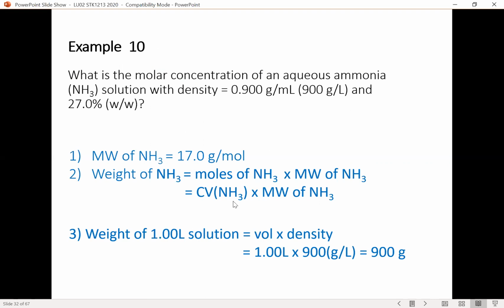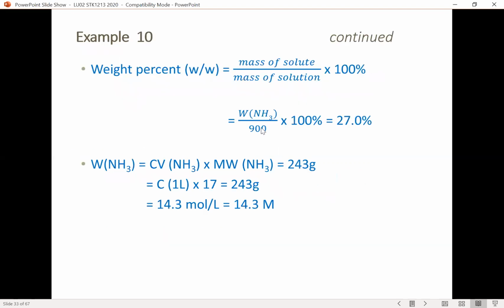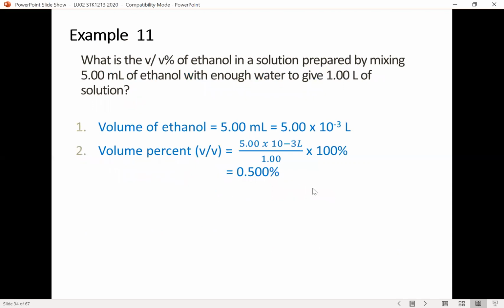So the calculation is just backward of what we have discussed in example 9. The bottom line is you have to find out the molarity based on the information of mass of solute and mass of solution. Now we move to volume percentage.